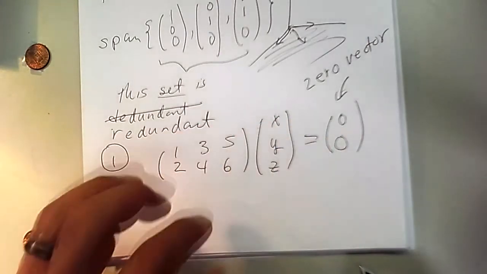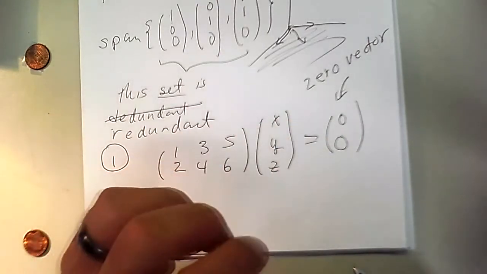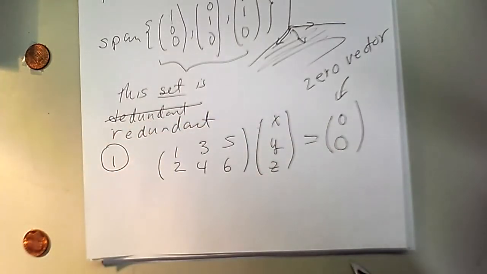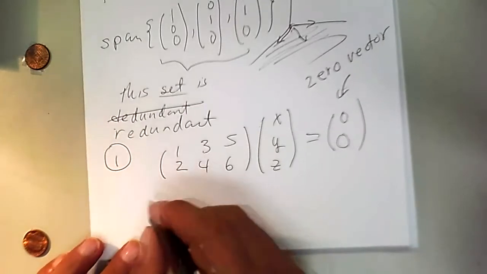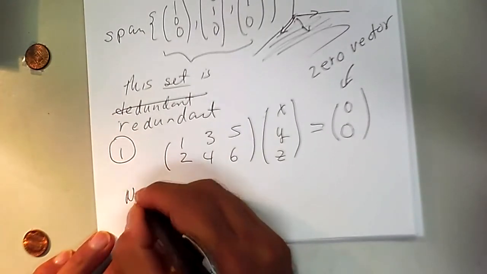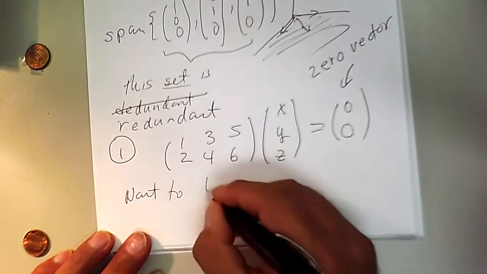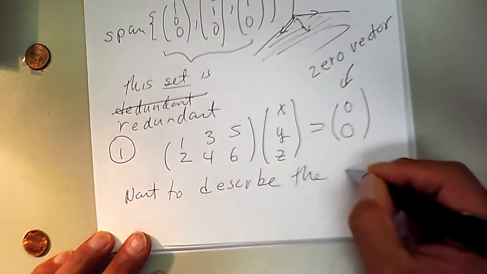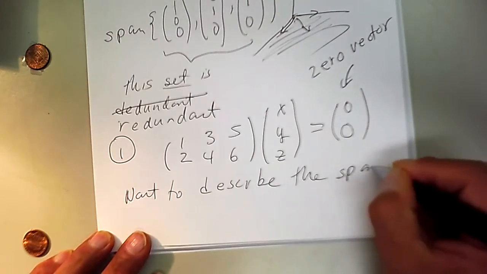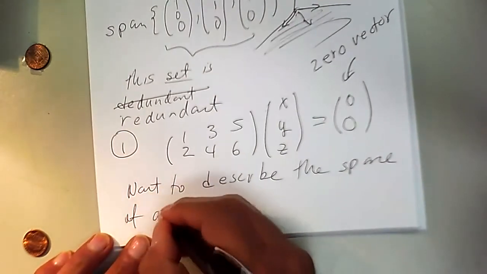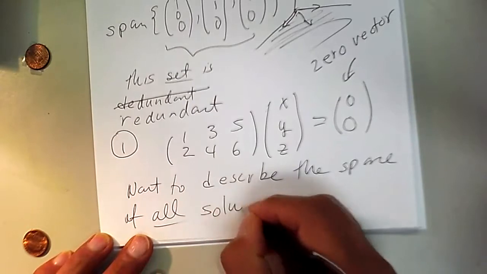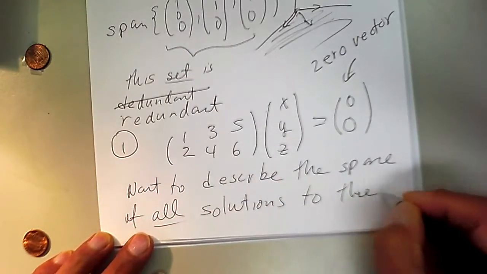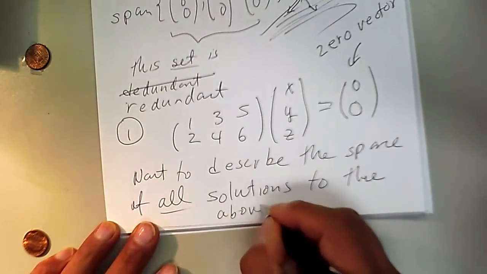So again, what is our goal? Our goal is to describe the space of all the solutions to this equation. Let's write that down. So we want to describe the space of all solutions to the above equation.